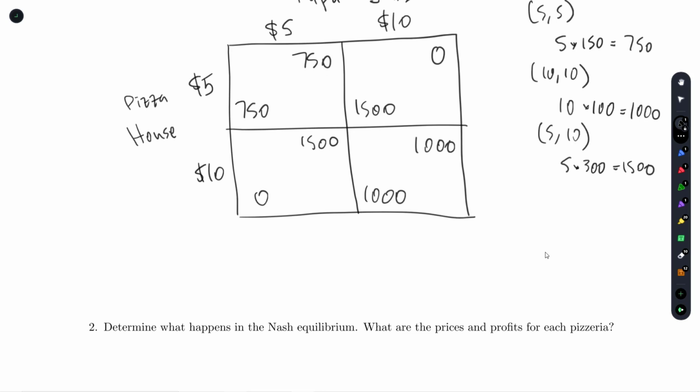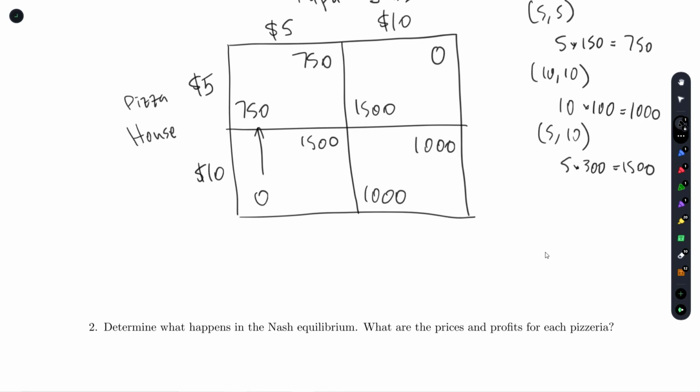Next, we're going to figure out our Nash equilibrium. The way this game is set up, we have a classic prisoner's dilemma situation. Notice that for Pizza House, picking $5 is always better no matter what. If Papa Jim's picks $5, then Pizza House is better off picking 5 because 750 is better than 0.